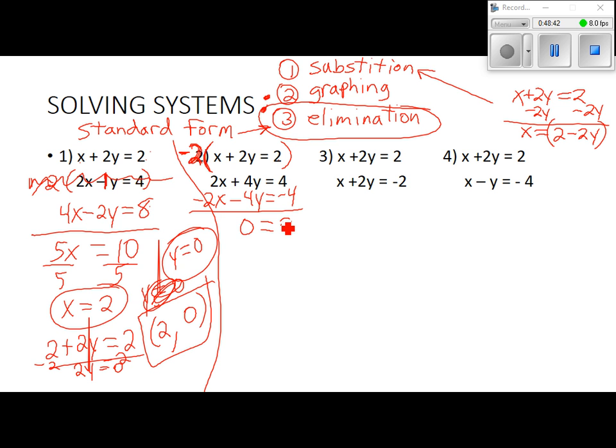Doesn't that mean everything works usually in algebra? So what that means is any point works.